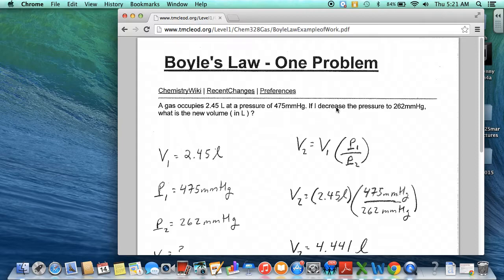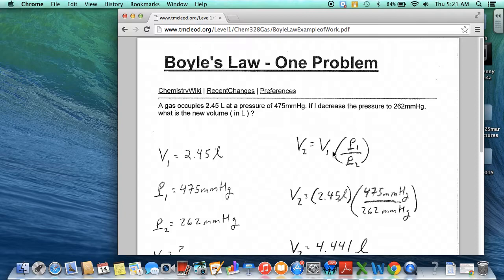So therefore, when you set up your mathematical equation, you will need your V1 and P1 to be both on the top. So that's why if you look at the equation, and now I'm kind of actually going off my steps, I'm telling you about the equation, which is okay.